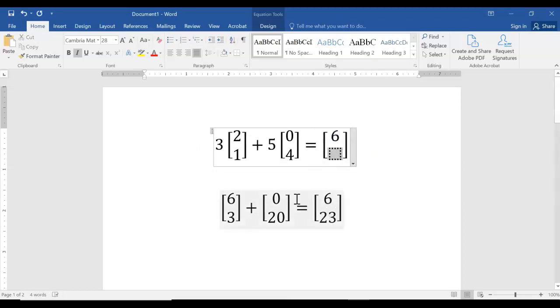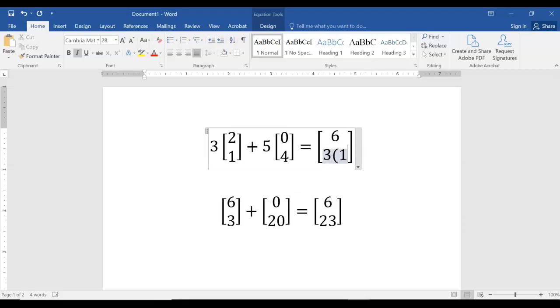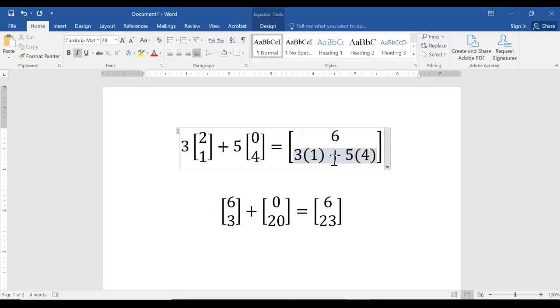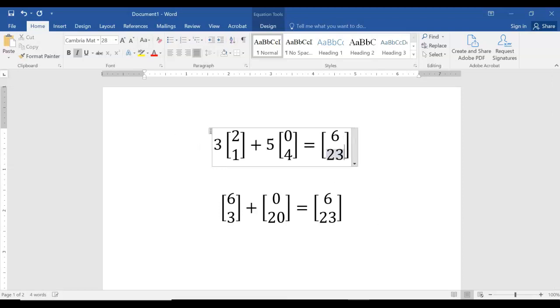And then for the bottom entry, I can do the similar thing: 3 times 1 plus 5 times 4. Calculate that entry, and obviously that's a 23. The point is you can add all the top entries in one step, and then do all the second entries in one step.